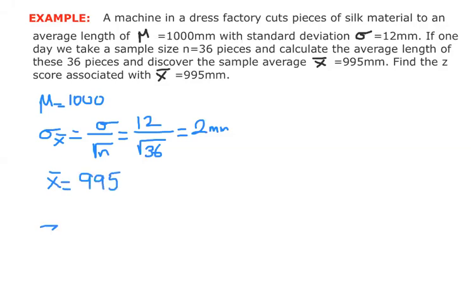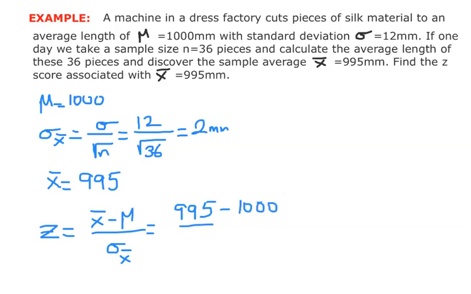Let's put these in our formula. Z is equal to x bar minus mu divided by sigma x bar. X bar is 995 minus mu is 1000 divided by 2. And when you put this on your calculator, you will have negative 5 over 2, which is equal to negative 2.5.